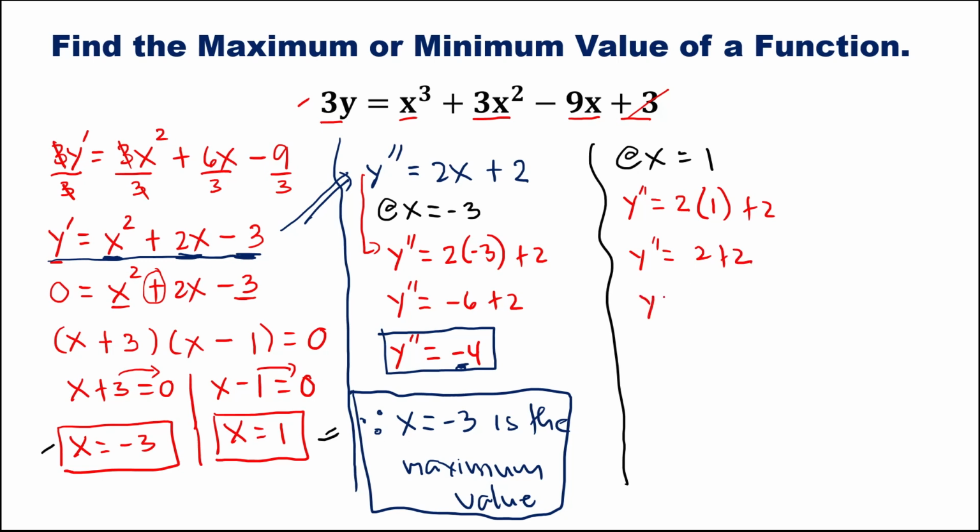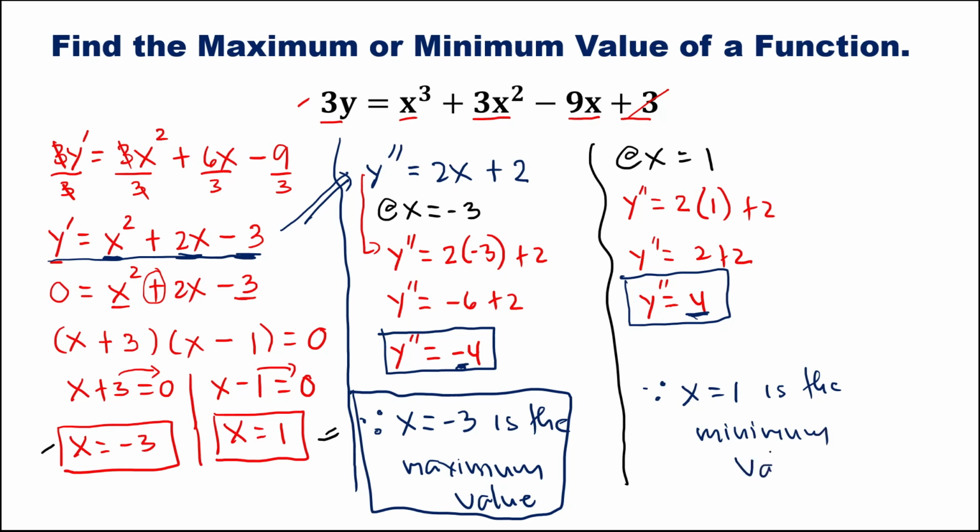So therefore y double prime is equal to positive 4. Then from this, since the value for the second derivative is positive, therefore x equals 1 is the minimum value.